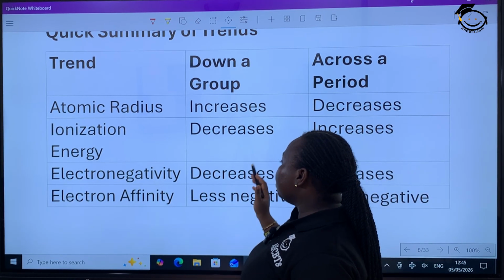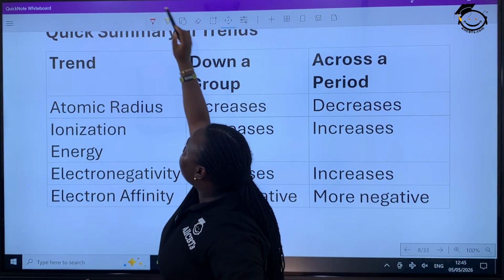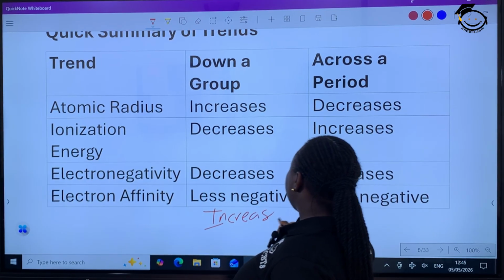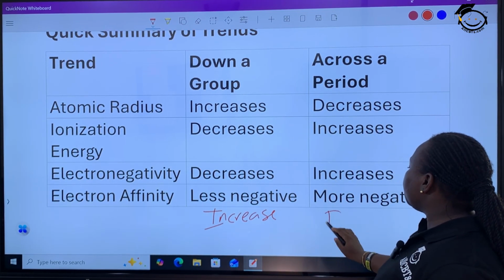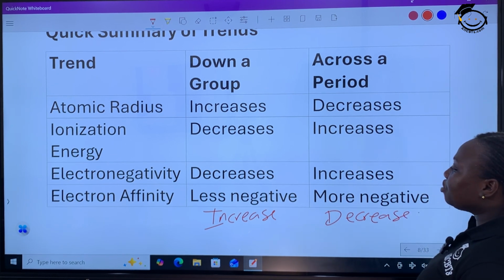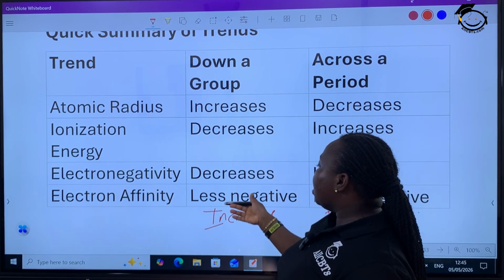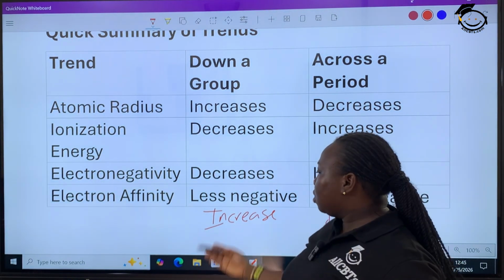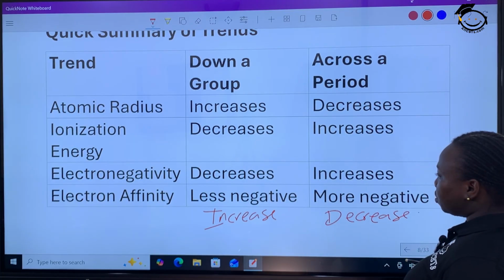Electron affinity down the group, it will increase, and across the period it will decrease. So these are the trends, or you can say less negative and more negative, but the one that we use is increase or decrease.